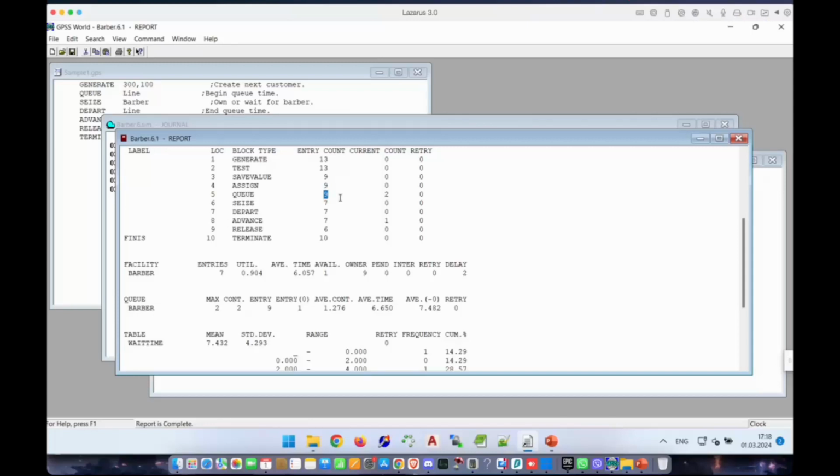That's overall. And at the moment of simulation stopping, only 2 were waiting in the line. Because again, if the line is less than or equal to 1, then the customer stays. So it means that overall we have a maximum of 2 customers in the waiting line. I think that's understandable.